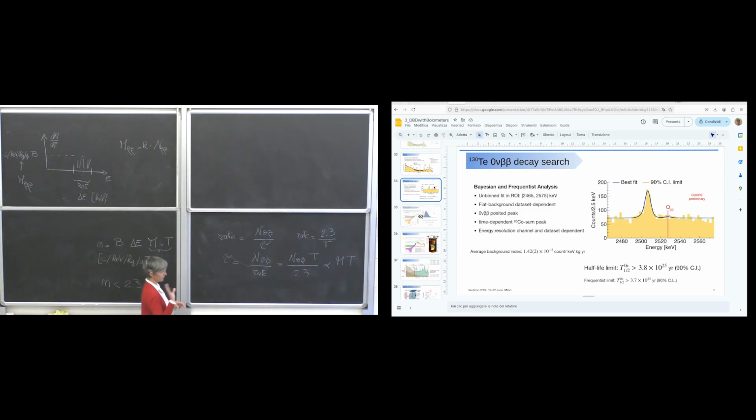So the sensitivity is very useful when I have to ask for money, but that's not the end of the story. When you read a paper with the results of a double beta decay measurement, look for the sensitivity. The fair way to show the result is to say the half-life is that one.